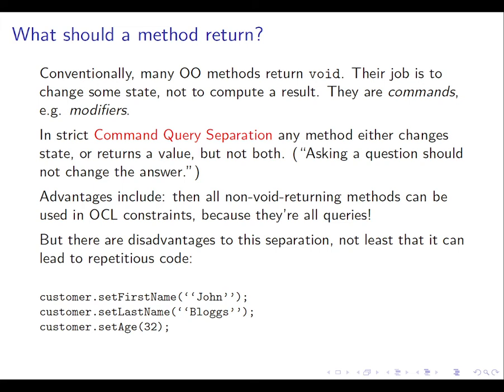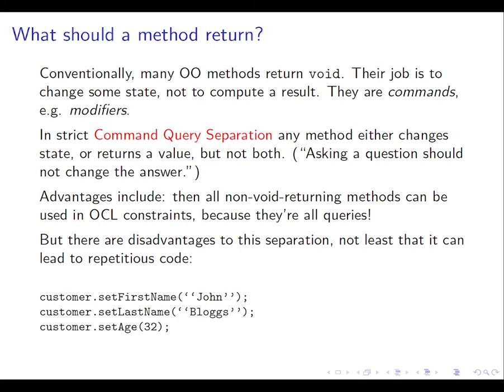If you're using strict command query separation, as we saw a moment ago, any method either changes state or it returns a value, but not both, and the slogan is asking a question should not change the answer. Notice that the slogan focuses, as I said a moment ago, on the important part of command query separation, which is to say queries should not change state, and then you can use them in OCL constraints because they're queries.